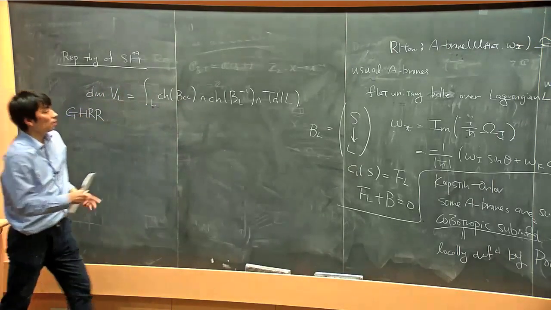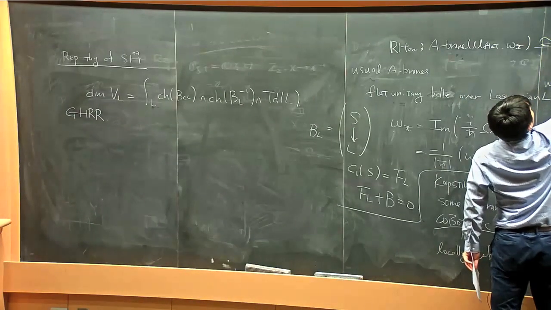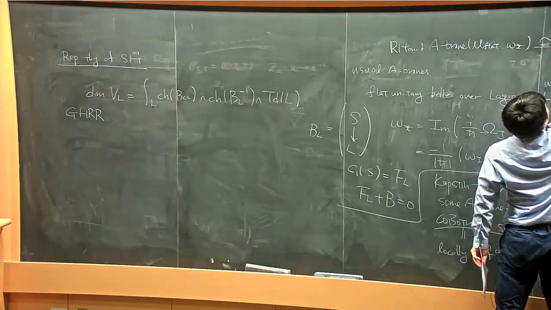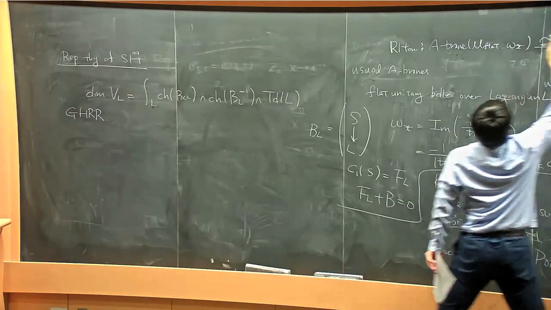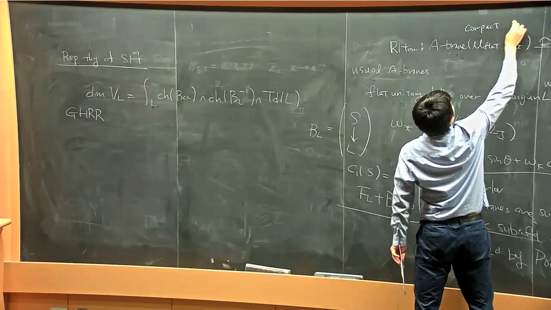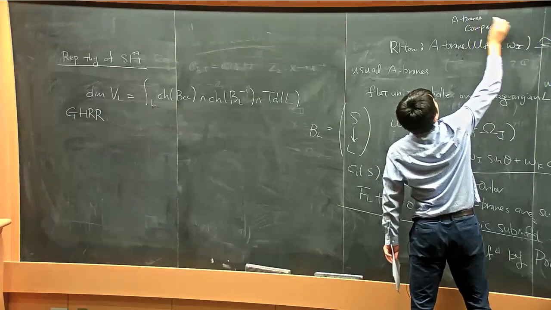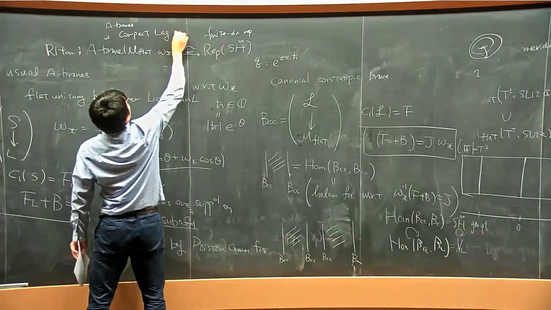So if you have a finite dimensional representation, you have a compact A-brane with compact Lagrangian support.